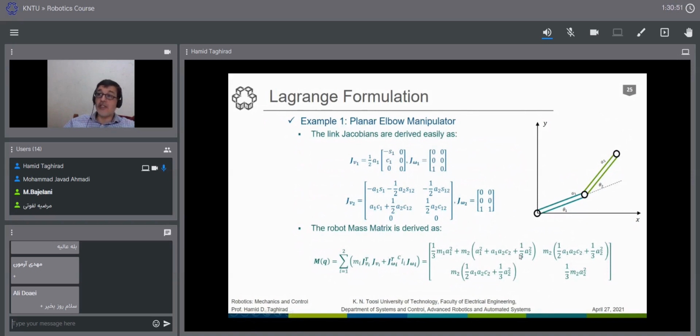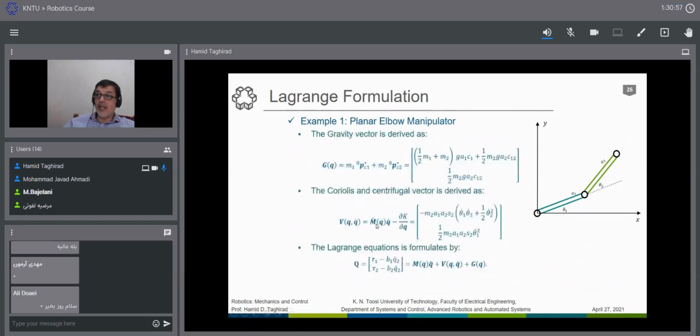So this gives us some time derivatives, and if you find that, you find a term here, and the partial of k with respect to q also contributes one term in here.